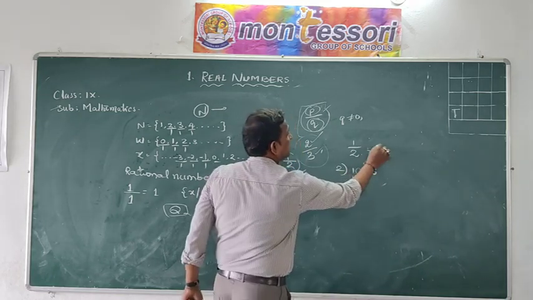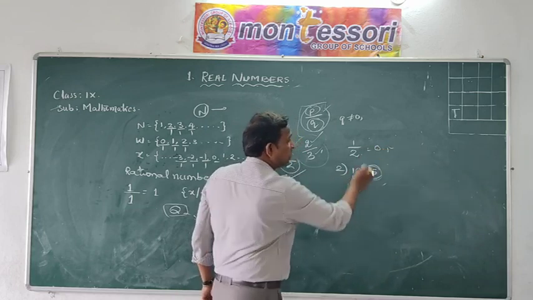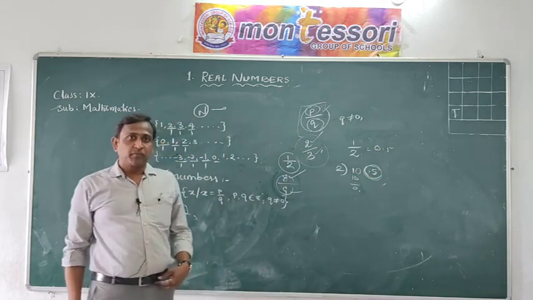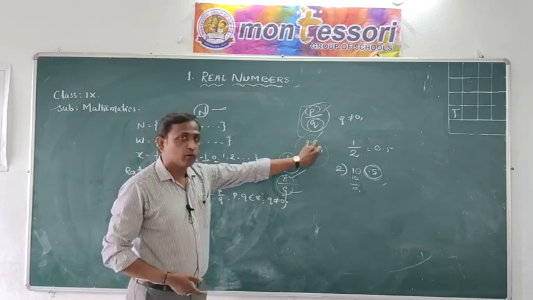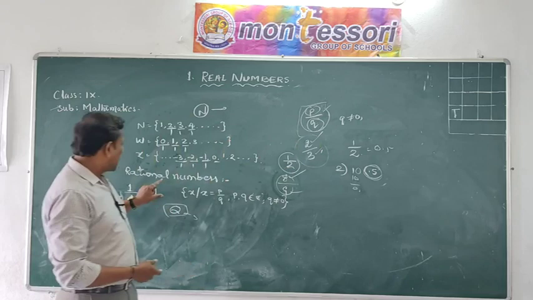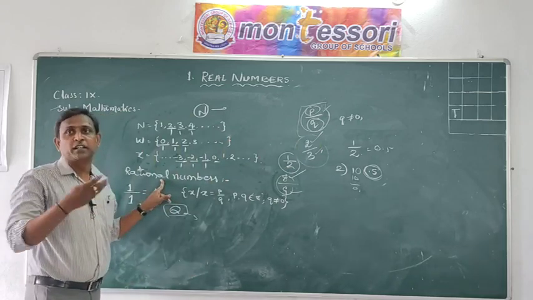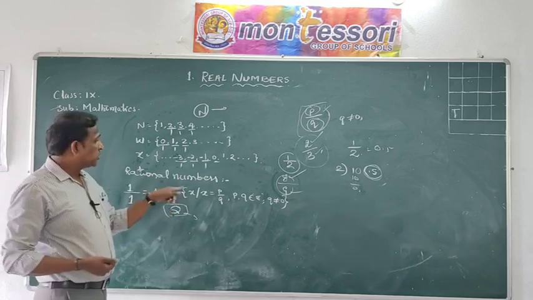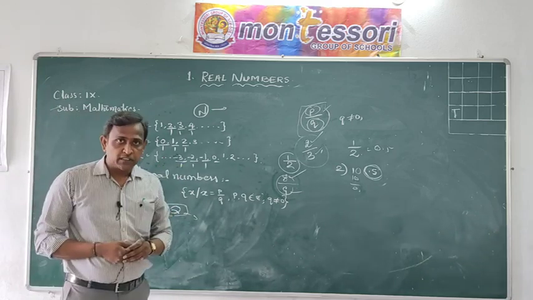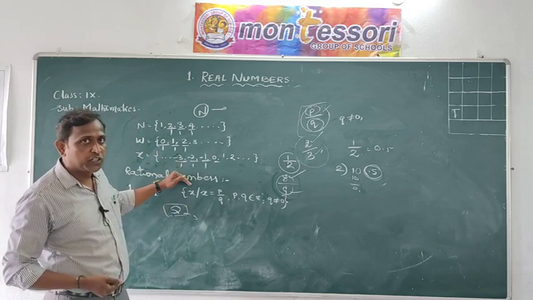So 1 by 2 is equal to 0.5, then what is this 0.5? It is the quotient. So every fraction's value is a quotient only. So these rational numbers are called quotient numbers, and we are using the letter Q to express rational numbers. So these are called the rational numbers.